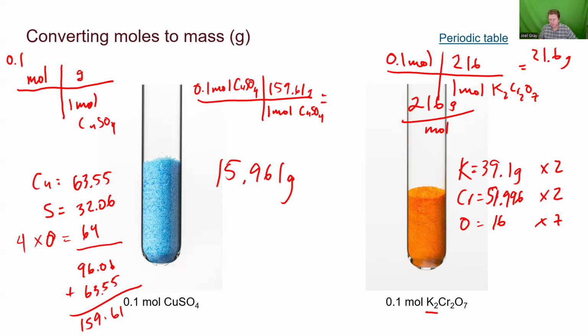Well, the next progression, which we're going to save until Monday, is taking the number of moles of a substance and converting to particles. So if you have 1 mole of a substance, you have 6.02 times 10 to the 23rd of that something. If you have 2 moles of it, it's 2 times 6.02 times 10 to the 23rd. What if you have 0.5 moles of that substance? Then you've got 0.5 times 6.02 times 10 to the 23rd.